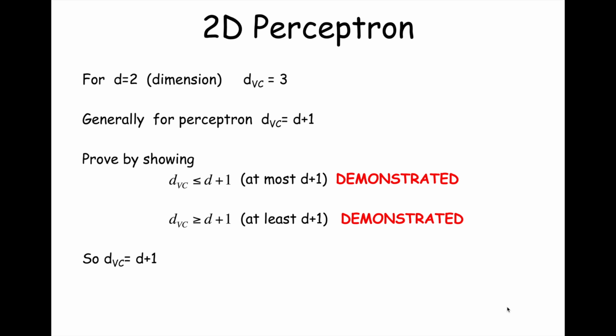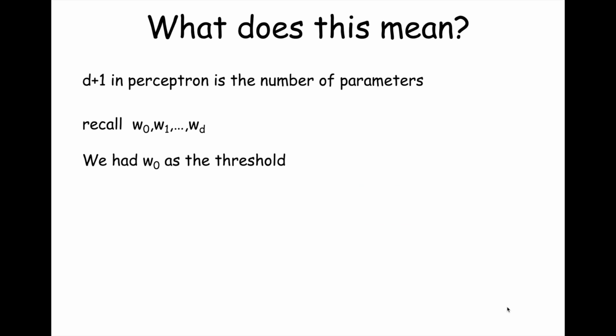So there's our result for the 2D perceptron. And d plus 1 in the perceptron is also the number of parameters. When we talked about the 2D perceptron, we started out with d dimensions and a weight vector w1, w2, w3, with one position associated with each of the dimensions.